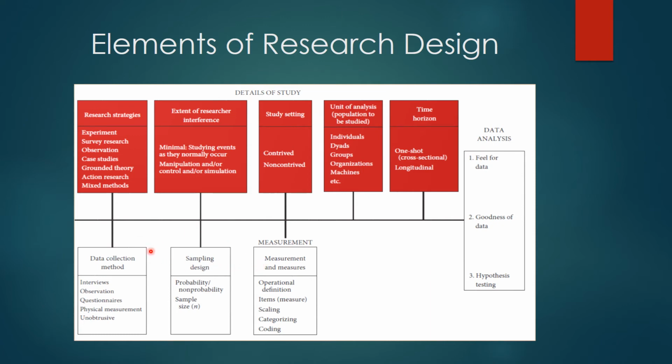In data collection method, we have interviews, observation, questionnaires, physical measurement, and unobtrusive. In sampling design, we have probability and non-probability and the sample size. And in the last part, we have operational definition, items, scaling, categorizing, and coding.